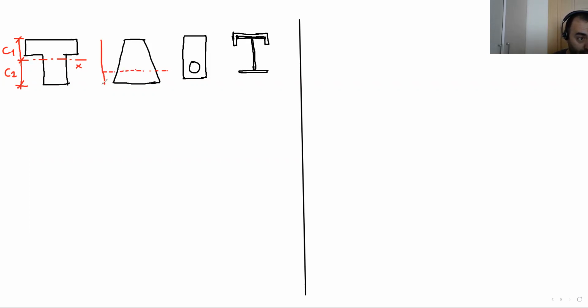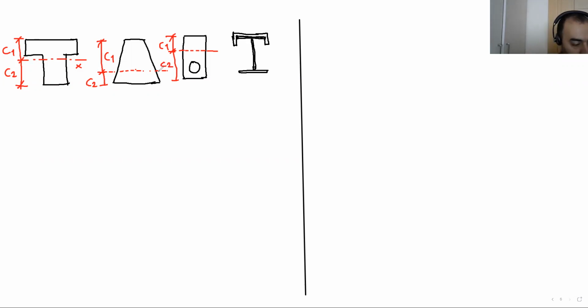So C1, C2. Here, it's going to be like this. C1, C2. The C1 and the C2 are the distances of top and bottom edge according to the neutral axis.